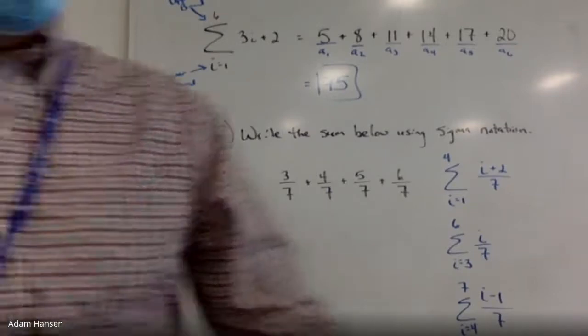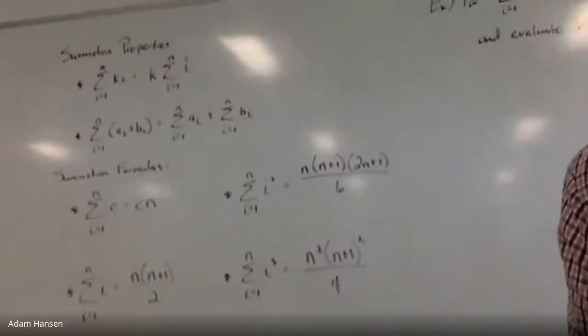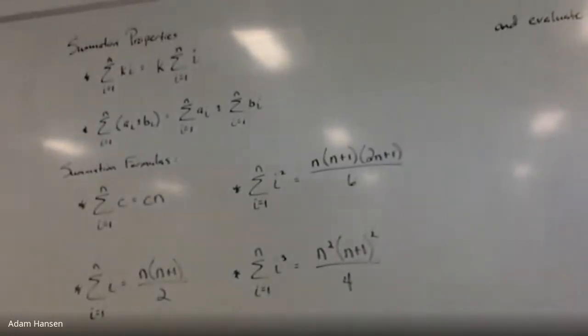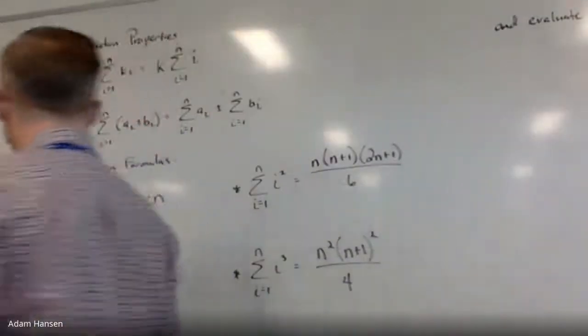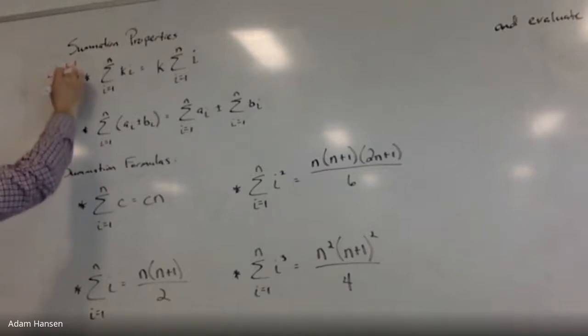All right, let's do this then. Some useful summation properties and summation formulas for us to familiarize ourselves with, on the middle part of the board. Summation properties. The first one is kind of like a familiar constant multiple rule, similar to what you've seen in derivatives.